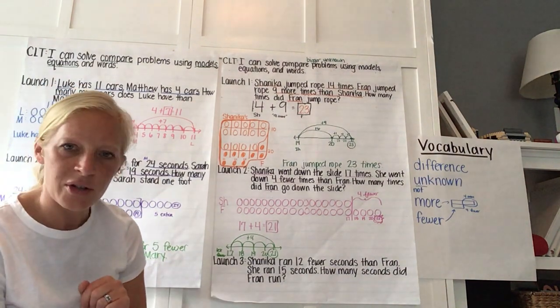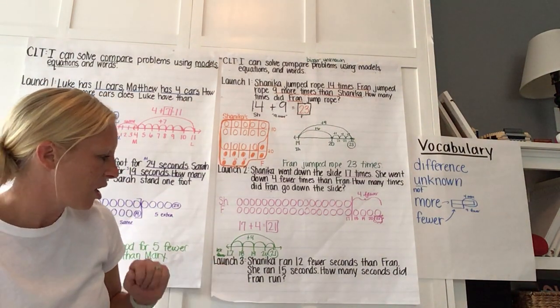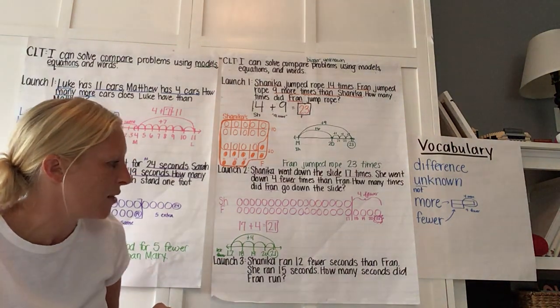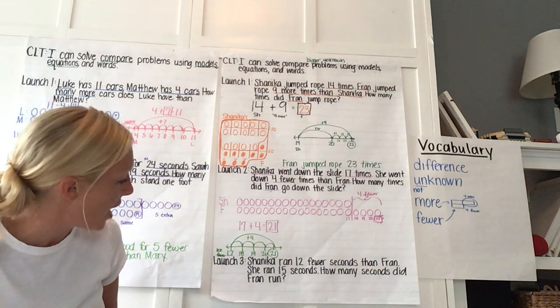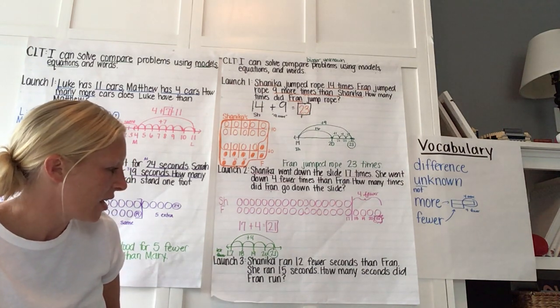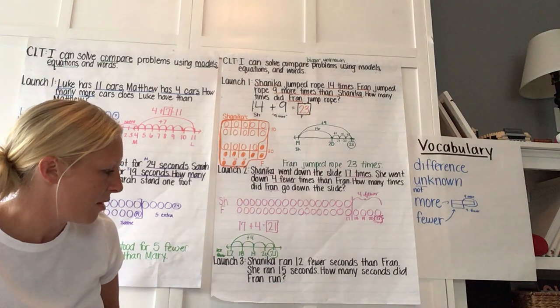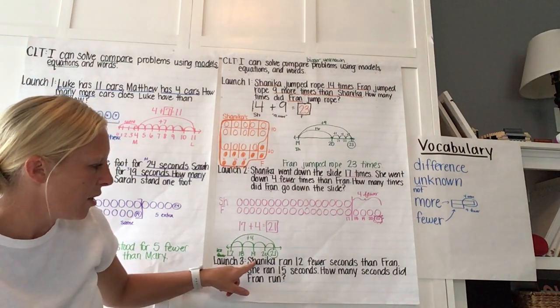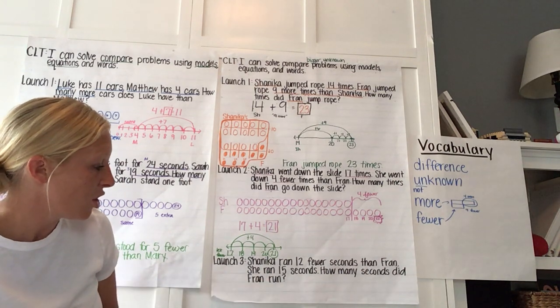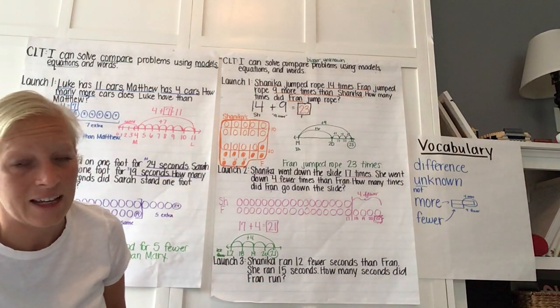So the one I want you to do on your own is this one. Shanika ran 12 fewer seconds than Fran. There's that fewer again. She ran 15 seconds. How many seconds did Fran run? So Shanika ran 12 fewer seconds than Fran, and we know that Shanika ran 15 seconds.